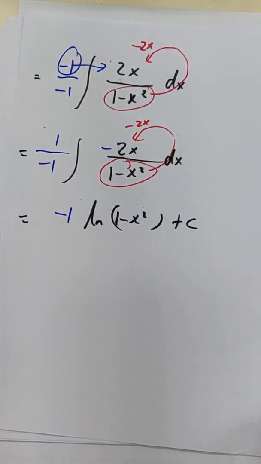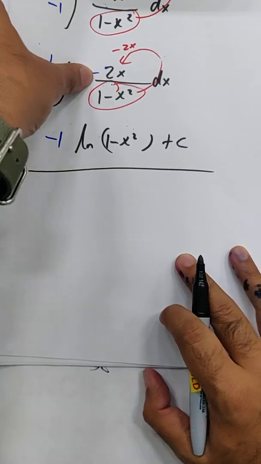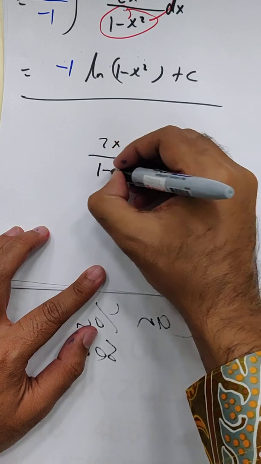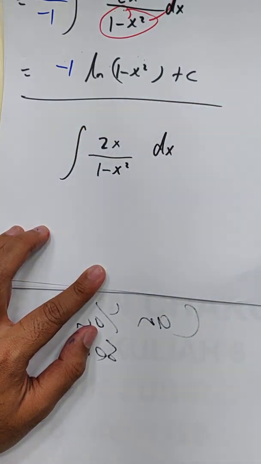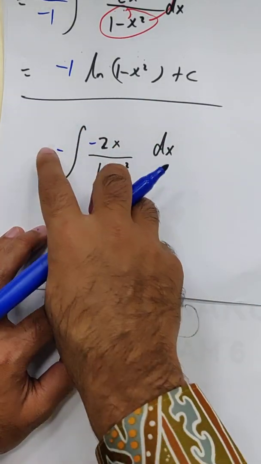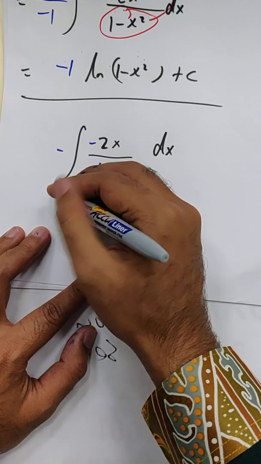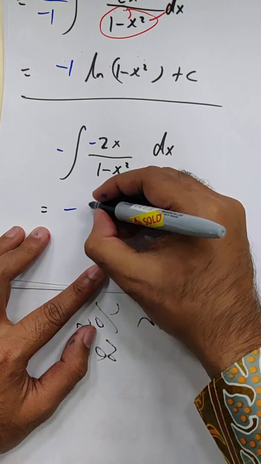But me personally, I'll do it this way. I put negative here, I put negative here. Because negative times negative is positive. So quickly I get myself the answers.